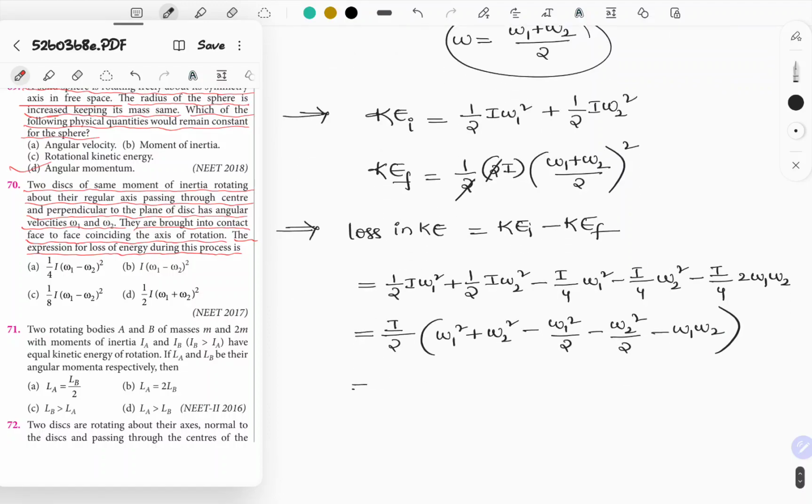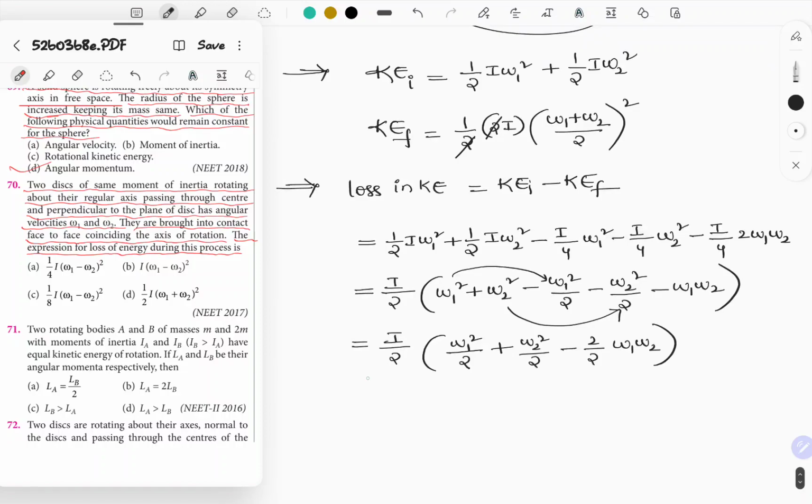So from this, again I by 2 into these two: subtract this 2, omega 1 square minus omega 1 square by 2 is omega 1 square by 2. These two plus omega 2 square by 2 minus, multiply with 2 and divide with 2, omega 1 and omega 2. Again common 1 by 2.